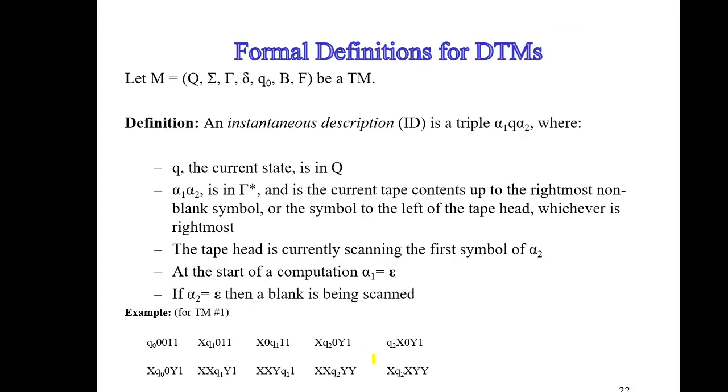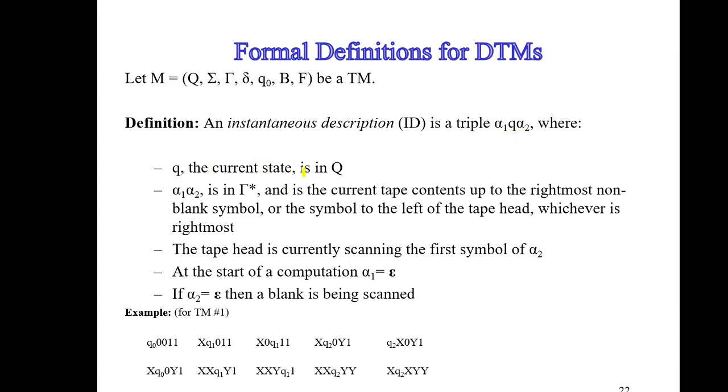These are the formal definitions of a deterministic Turing machine. We have 7 tuples: the set of states, the set of input alphabets, and the superset. Delta means the transition function, Q naught the initial state, B the blank, and F the final states. The instantaneous description is a triple, alpha 1 Q alpha 2.